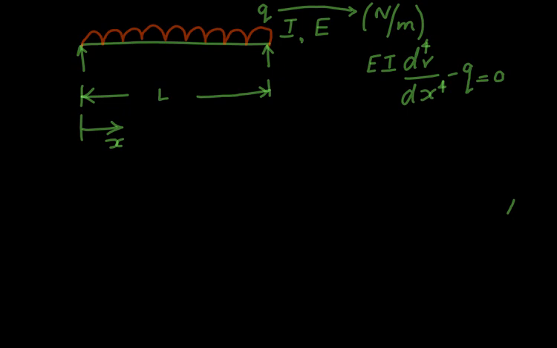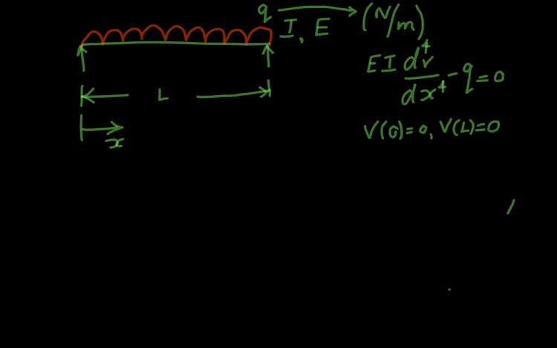Okay. Now what about the boundary conditions? Two boundary conditions are obvious. Deflection at the left extreme end is 0. Deflection at the right extreme end is 0. First two boundary conditions are quite obvious.